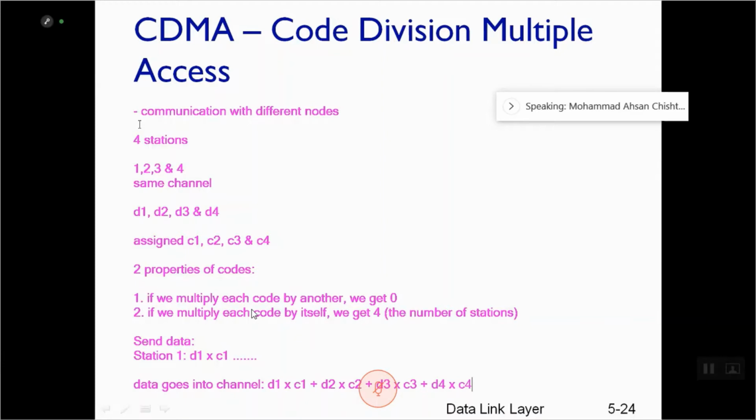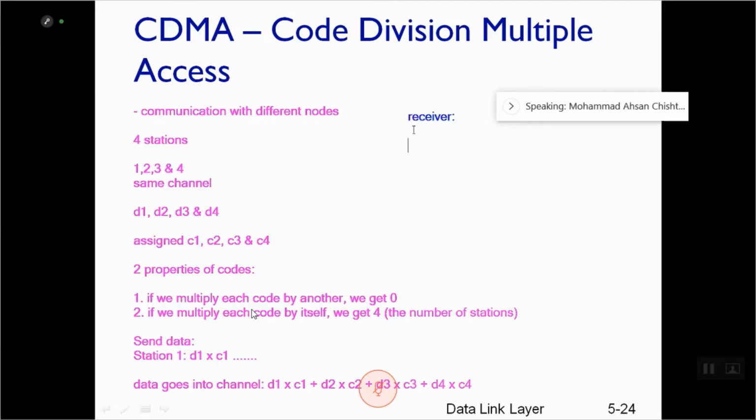Now, when this data goes into the channel, the data here is broadcasted. When the data is broadcasted, it means each station would receive this data. Now we are talking about the receiving side.